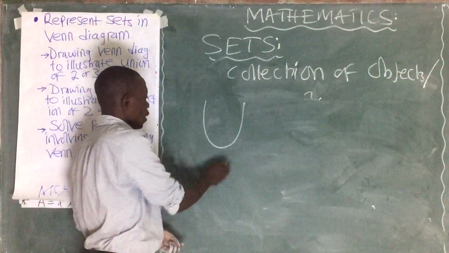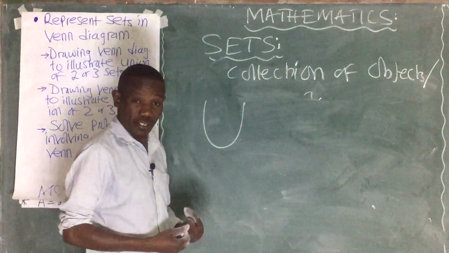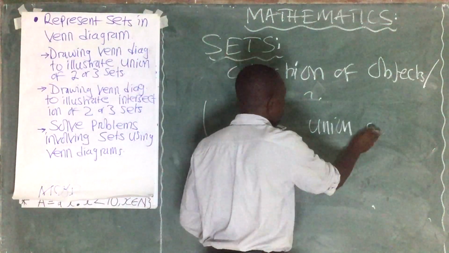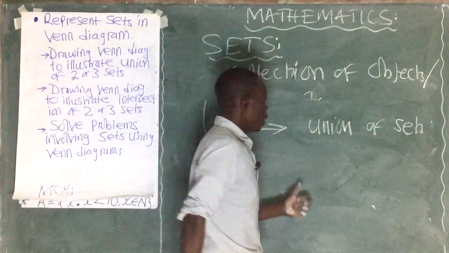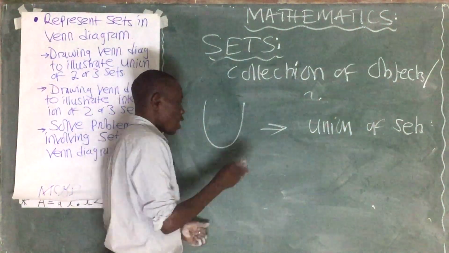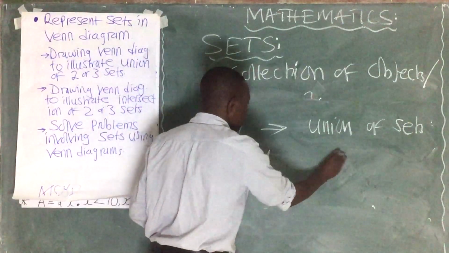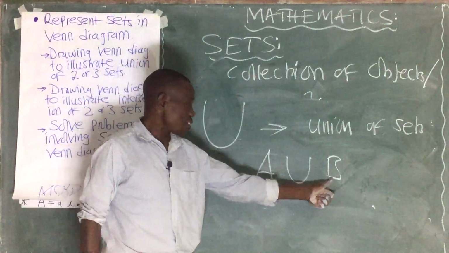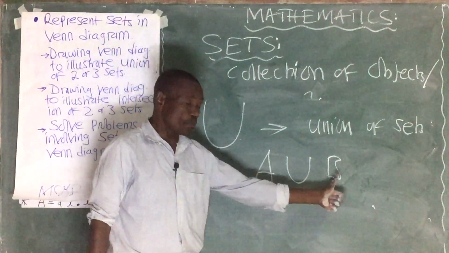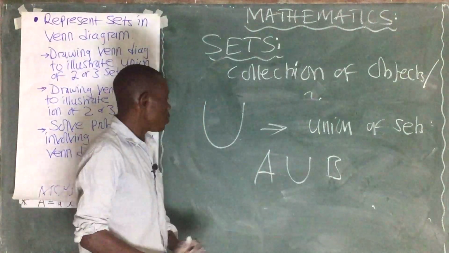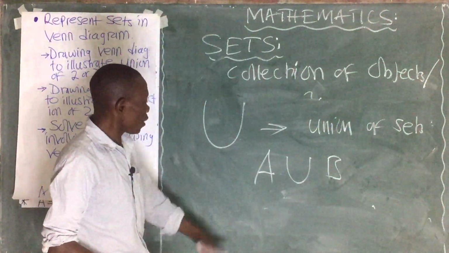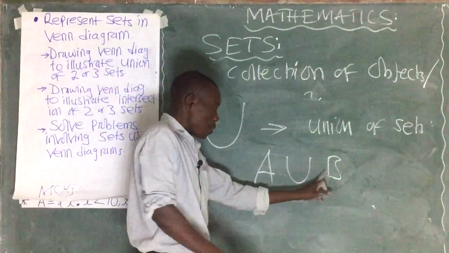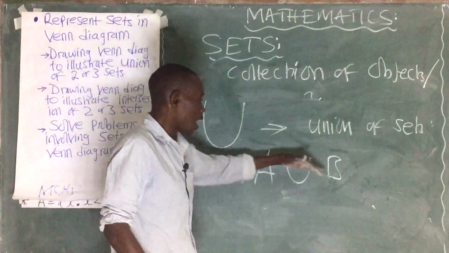When we're discussing sets, this symbol simply means the union of sets, whereby we'll have a situation like, say, one set represented by letter A, another set represented by letter B, and we write statements like A, this symbol, then B. That simply means A union B. What does this mean? This means the elements which are found in A and B. So it's more like you combine the elements in A and B.